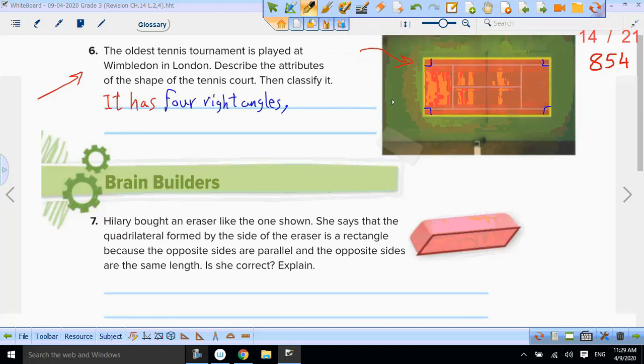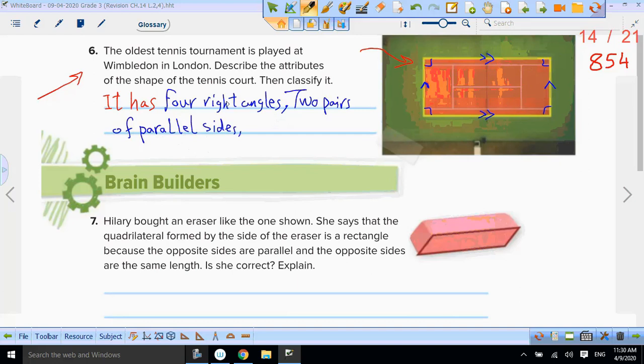Then for the parallel sides, these two sides are parallel because they will not meet if I extend each of them. And also these two sides are parallel. So it has 2 pairs of parallel sides.